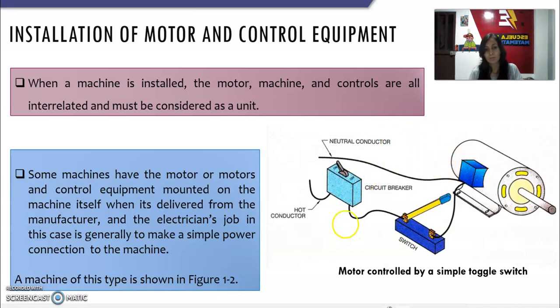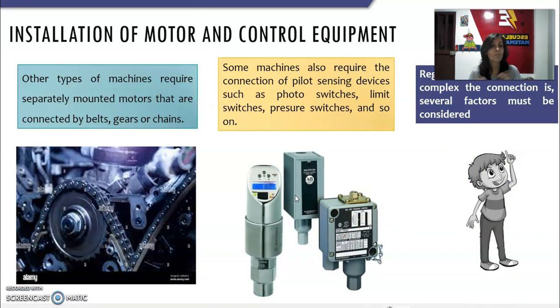Now, other types of machines require separately mounted motors that are connected by belts, gears, or chains. Not everything is about electrical motors; you can have different types of motors.